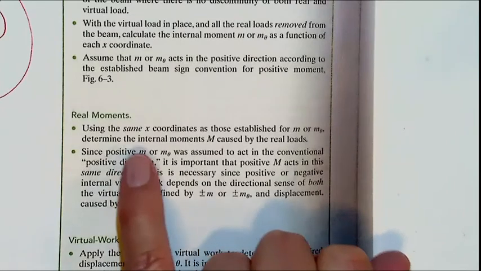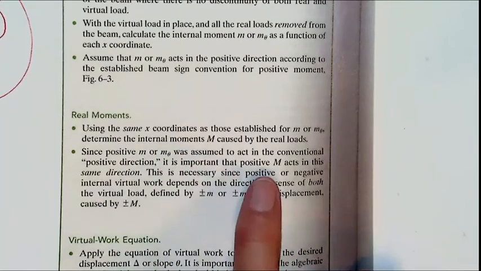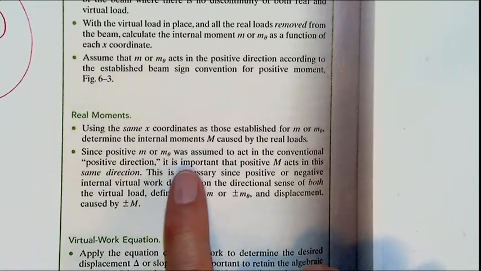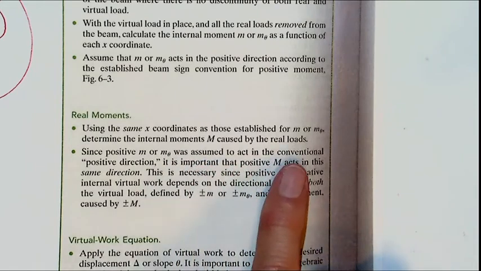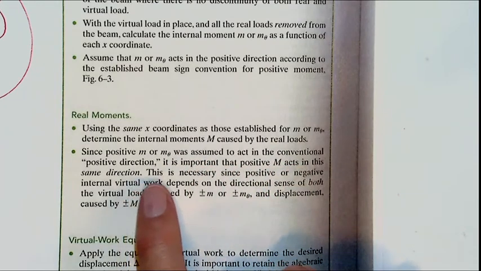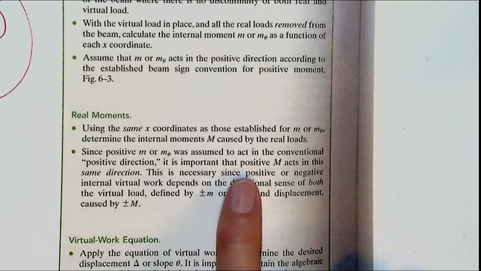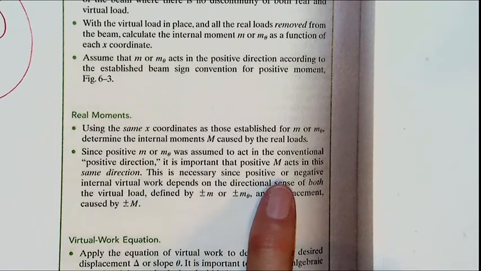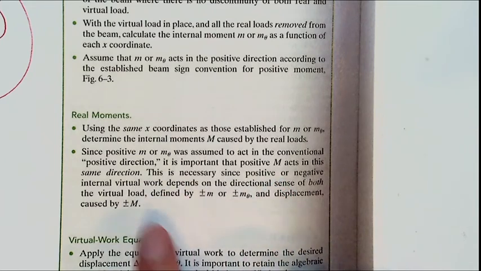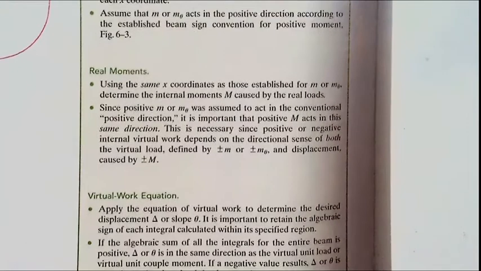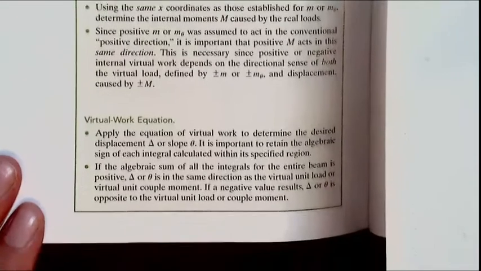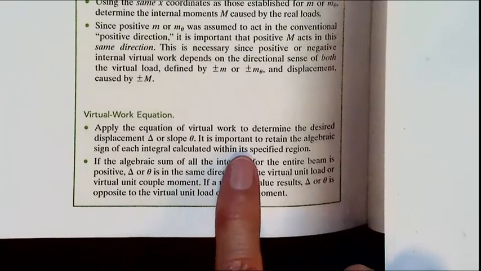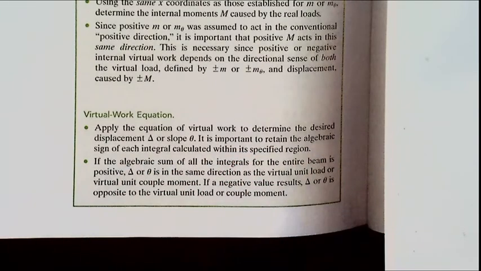Then, using the same coordinates as before, determine internal moments M caused by real loads. Since positive m and m theta were assumed to act in the conventional positive direction, it is important that positive M acts in the same direction. Don't use two different coordinate systems. Apply the equation of virtual work to determine the desired displacement.